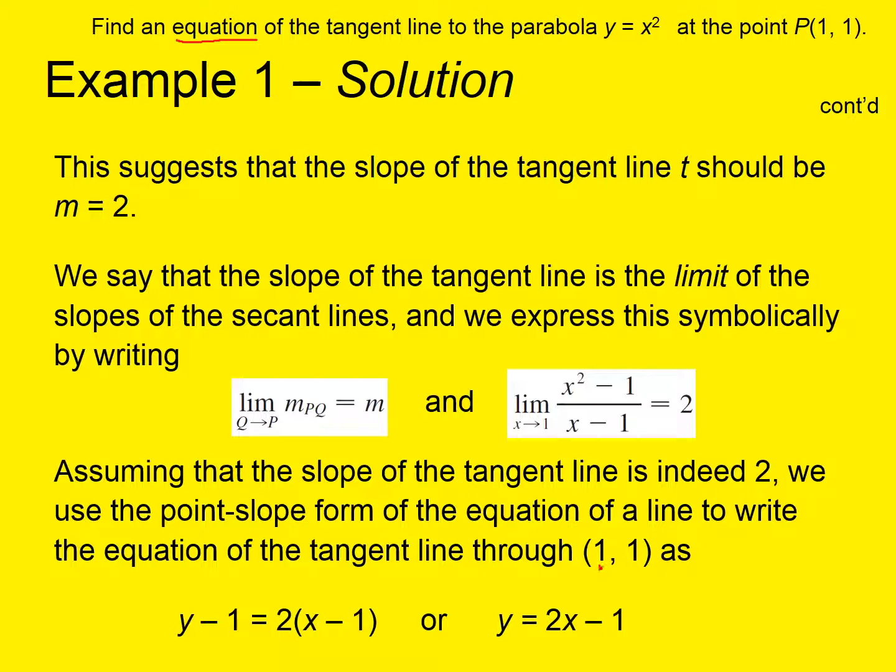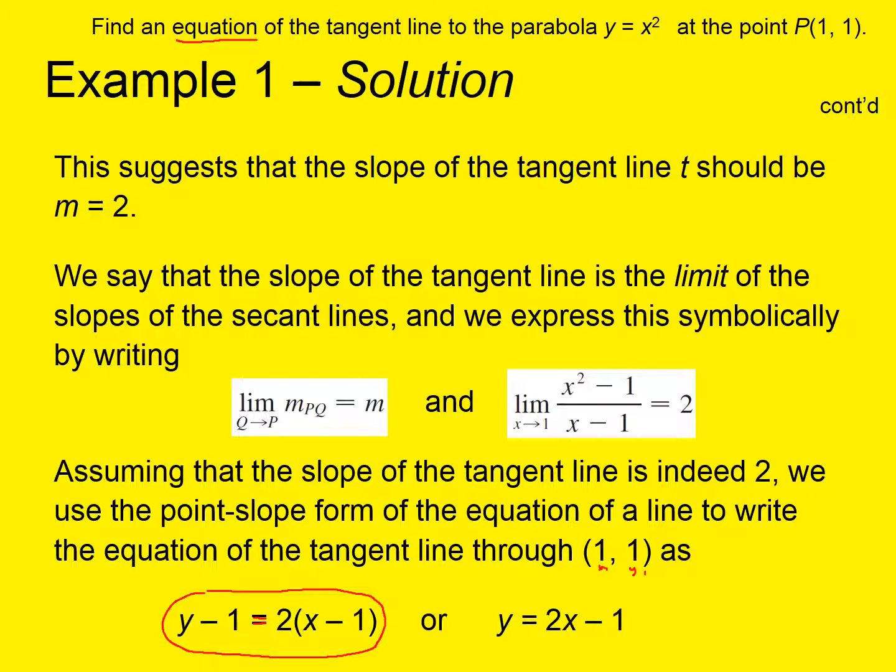So there's our x1, y1, and here's our y minus y1 equals m times x minus x1. Okay, and that would be a good answer. That's a perfectly good answer. That's an equation of the tangent line, assuming that we got the slope right, which is 2. We're pretty sure of that.